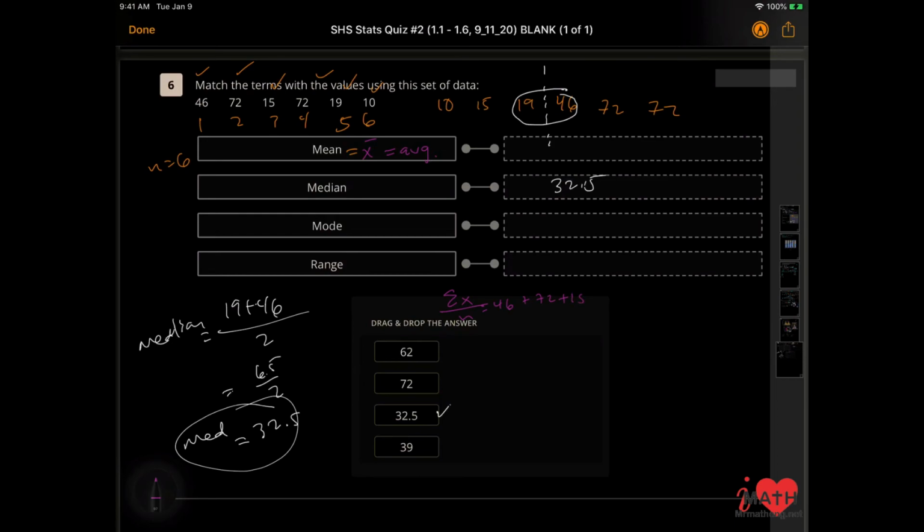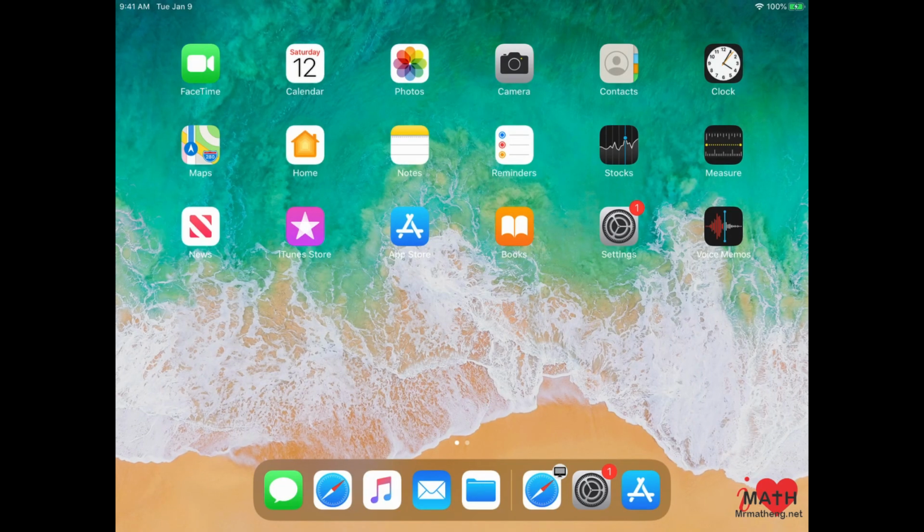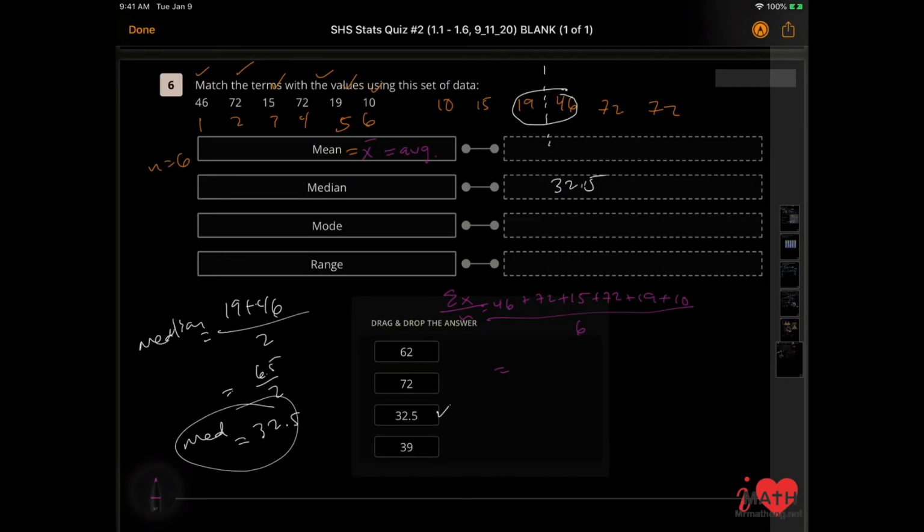So 46, 72, 15, 72, 19, and 10, all over 6. Let's see if I downloaded that calculator. I don't have the calculator here, so let me pull out my regular calculator.